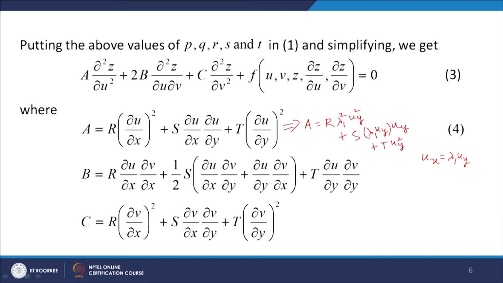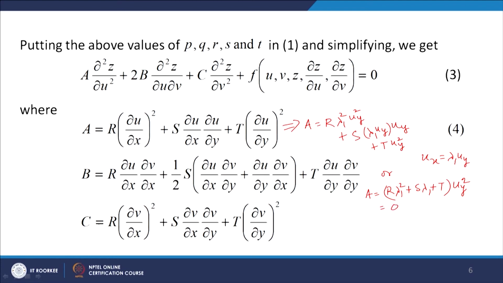So, we can write a as r lambda 1 square plus s lambda 1 plus t times u y square. Since lambda 1 satisfies the equation r lambda 1 square plus s lambda 1 plus t equal to 0, we get a equal to 0.